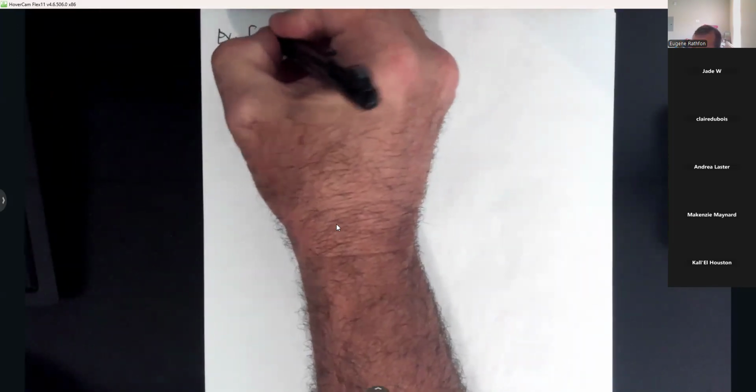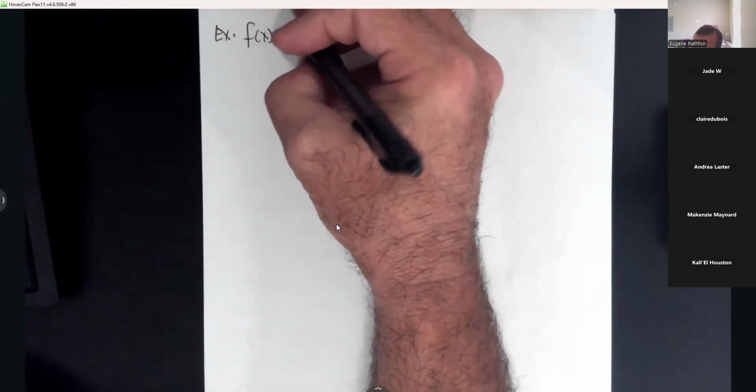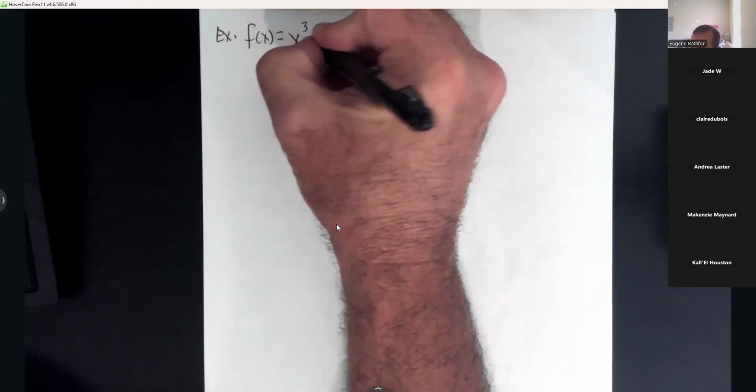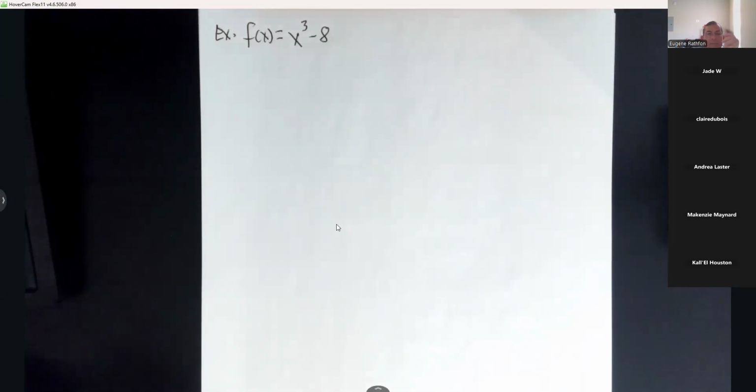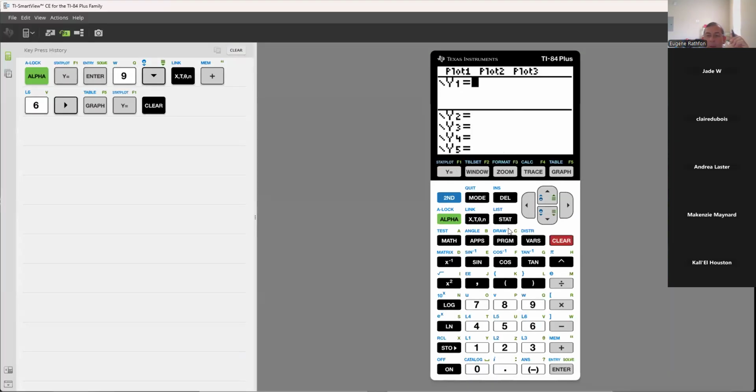All right, let's see what they gave me here. f of x equals x cubed minus 8. All right, so let's go graph that. So let's clear everything.